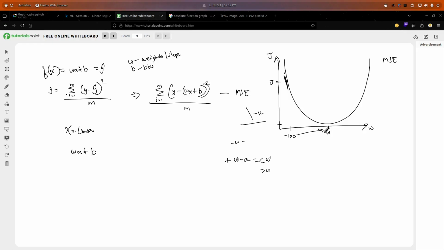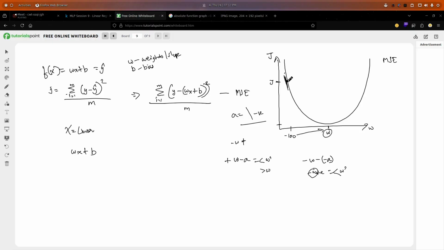So हमें -100 से to this optimal value जाना है. Let's suppose the slope जो है वो मैंने a से define करा, and here the slope is negative. So if we subtract the slope from here, we'll get some value in positive, and this new w prime will be greater than the previous value which we had.